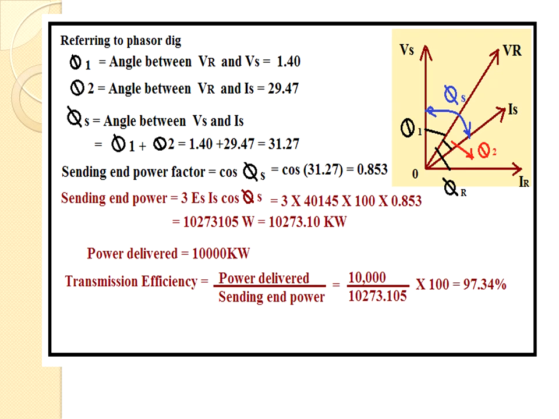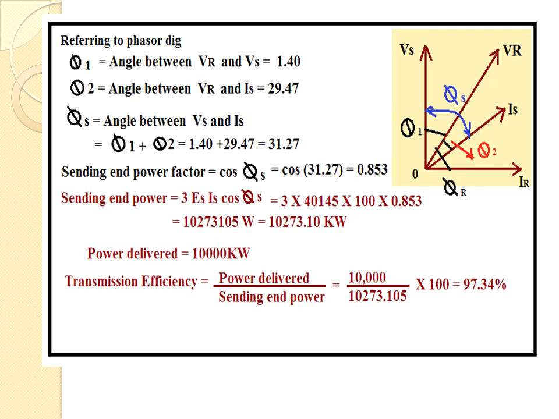So the total angle I want is between Vs and IS. That is known as the sending end phase angle, sending end power factor angle. So that should be equal to the addition of these two, 31.27. Hence the sending end power factor becomes cos of this value, so 0.853.